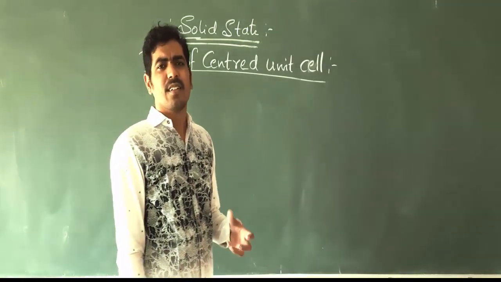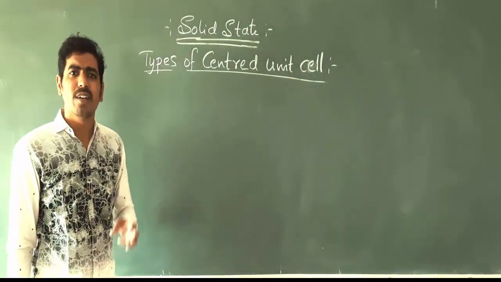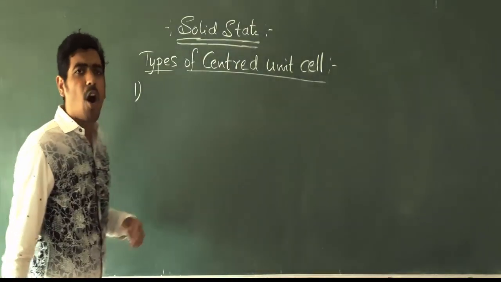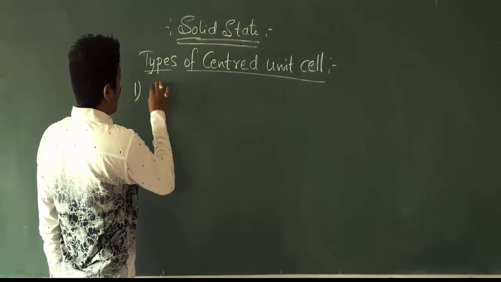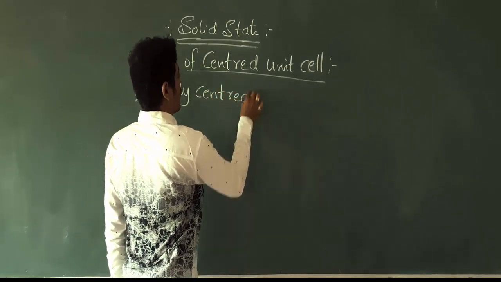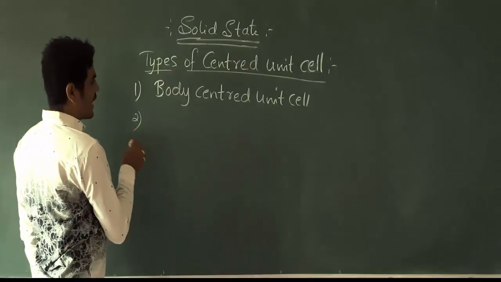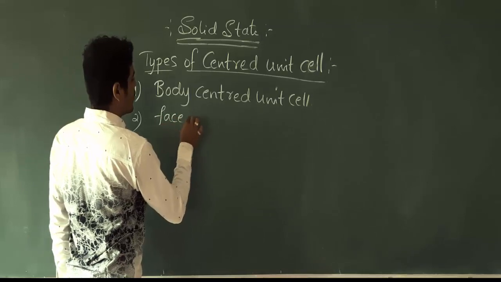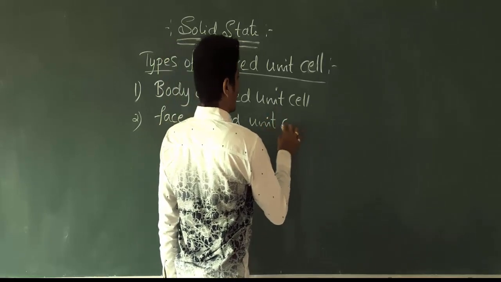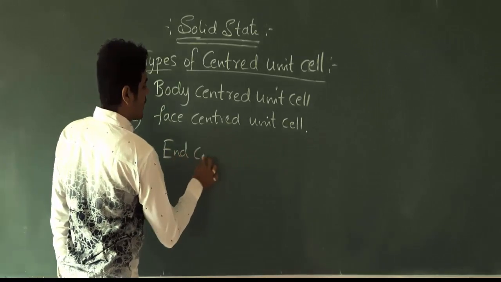Next, the centered unit cell or non-primitive unit cell is further classified into 3 different types. Those 3 types are the body centered unit cell, the second type is the face centered unit cell, and the third type is the end centered unit cell.